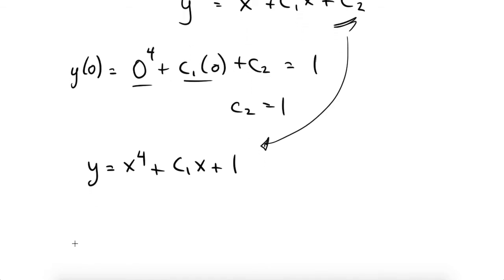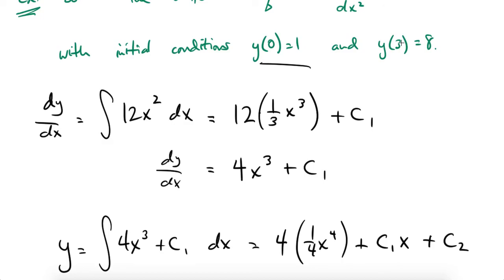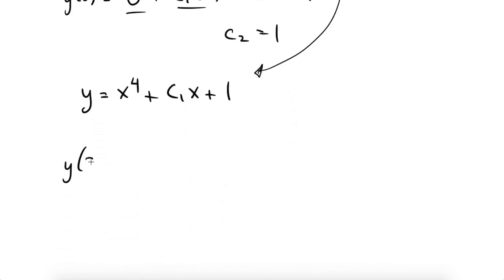And now I'm going to use my other initial condition, which was that when I plug in 3, I'm supposed to get 8. So y of 3 is 3 to the fourth plus c1 times 3 plus 1, that's supposed to be 8.